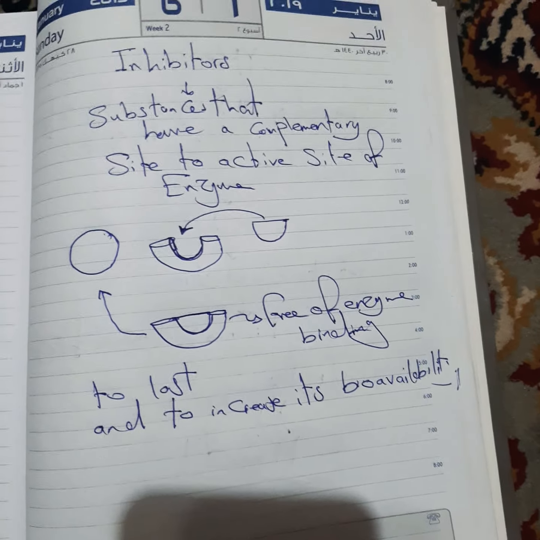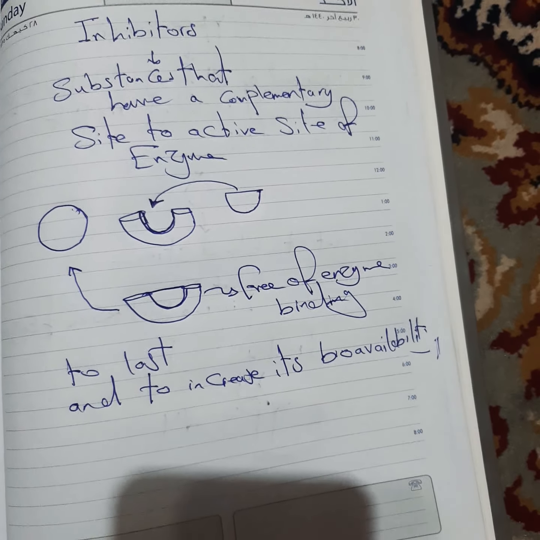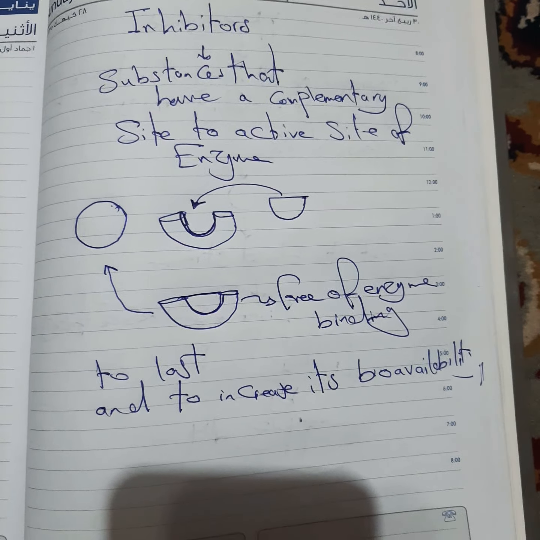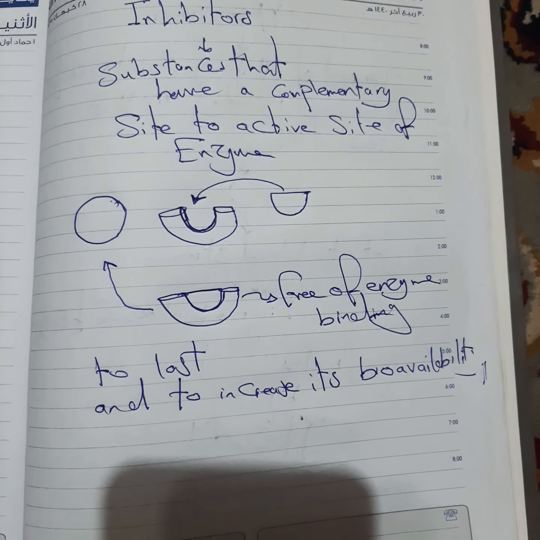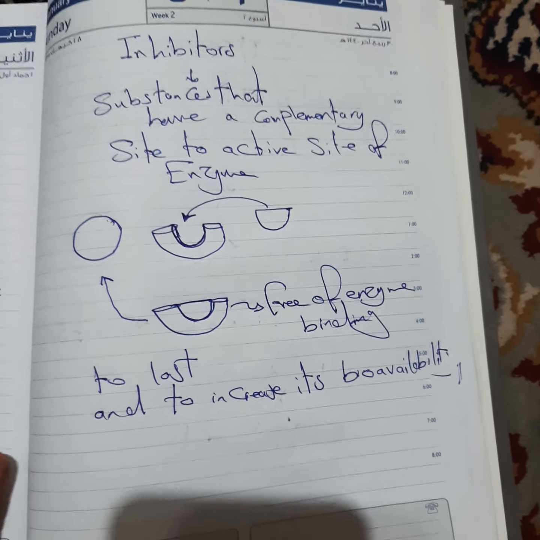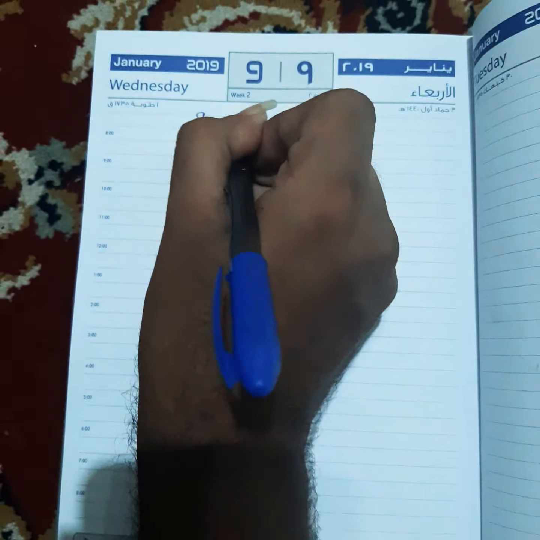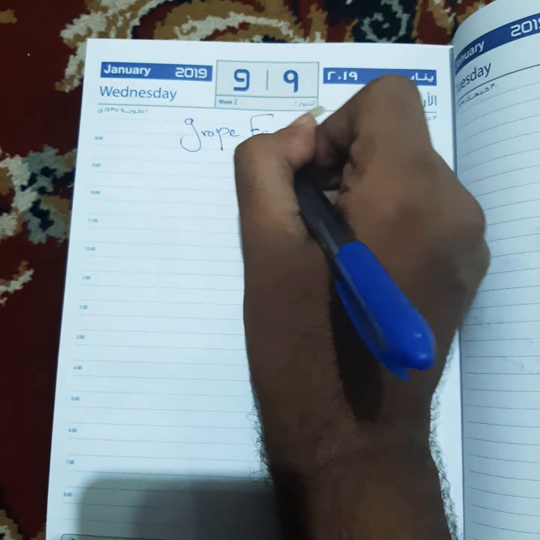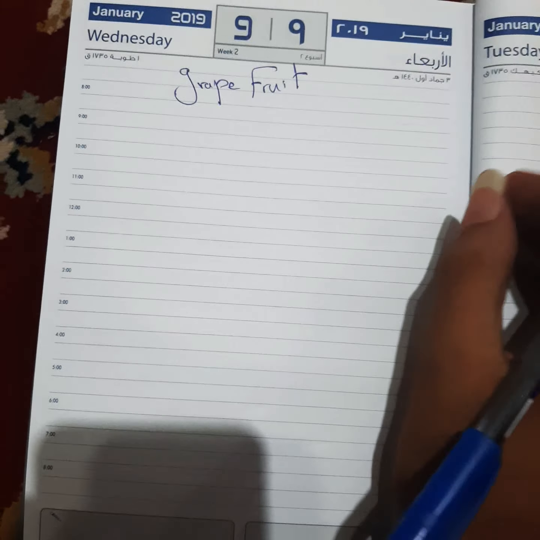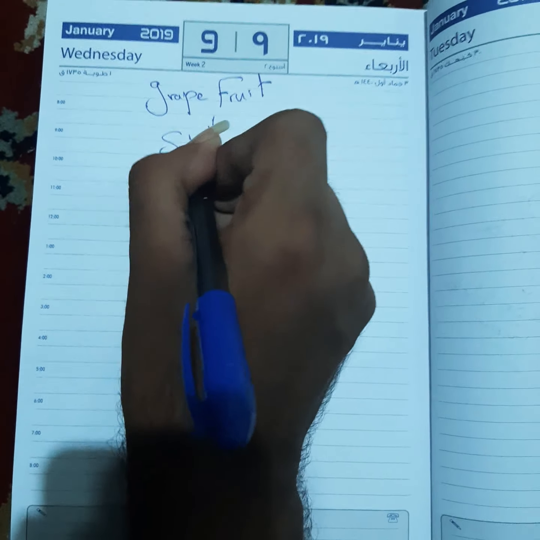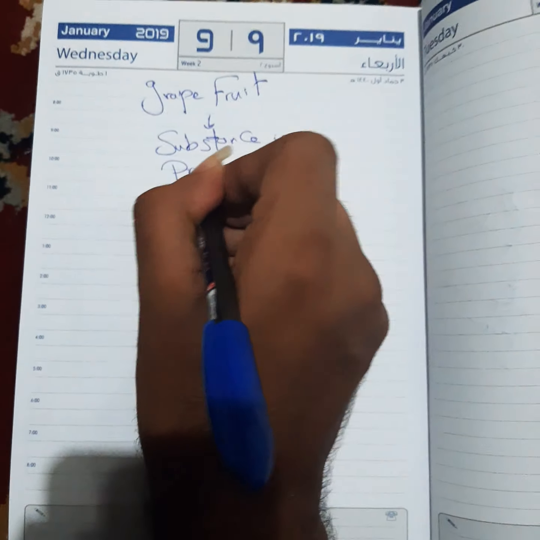So by this mechanism, the grapefruit juice that we discussed in our previous video, there are some substances in the grapefruit juice. So the grapefruit juice today is our inhibitor. Not the grapefruit juice itself, no, the substances that are present in it.